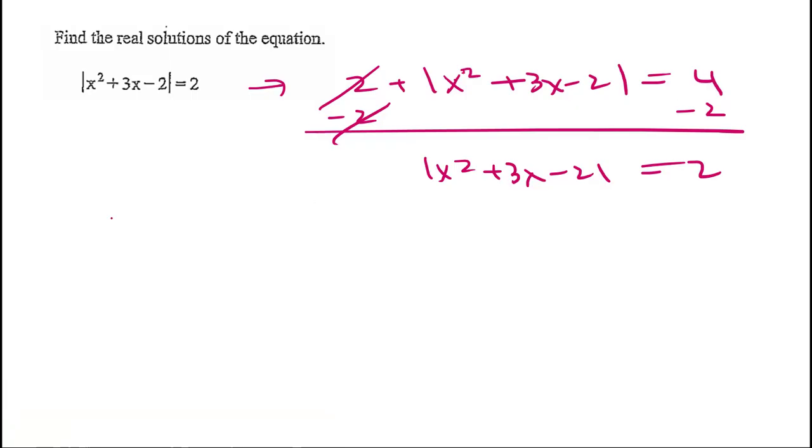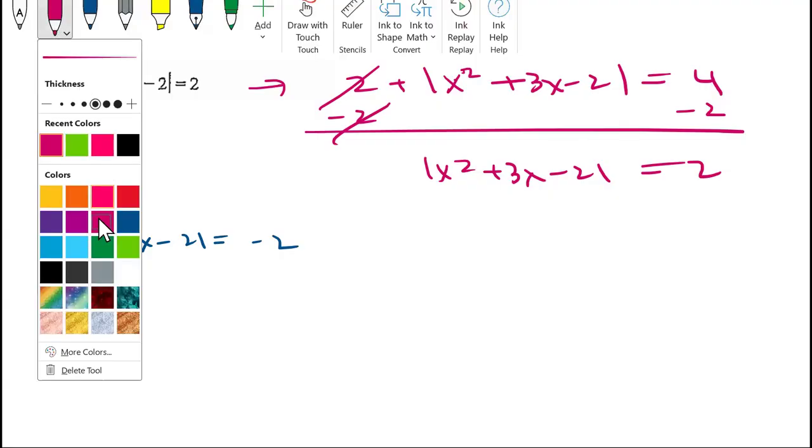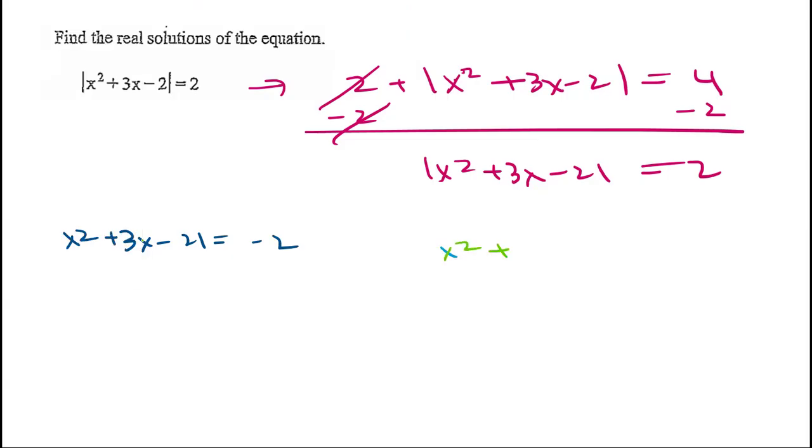Okay, so in this case, I'm going to have x squared plus 3x minus 2 equals -2. And then the other one, I'm going to have x squared plus 3x minus 2 equals +2. And that's just the absolute value.